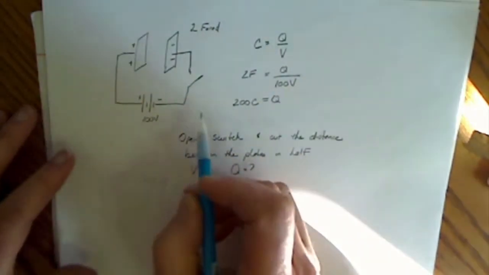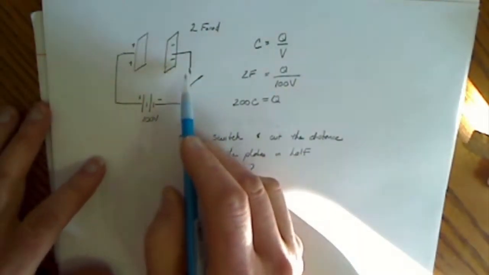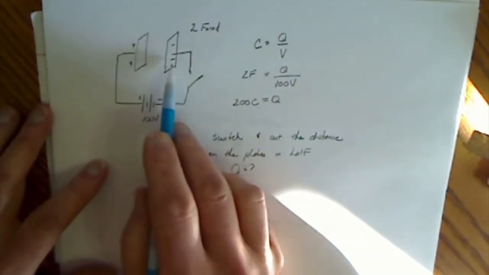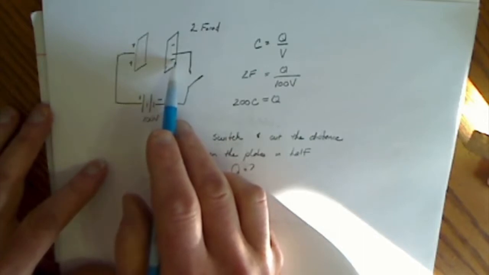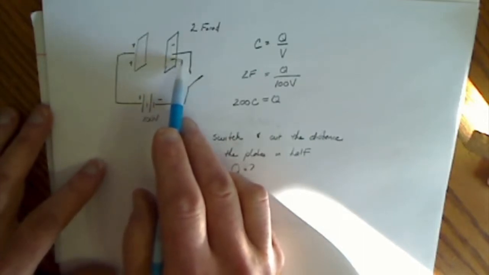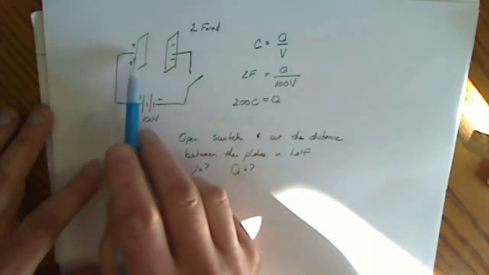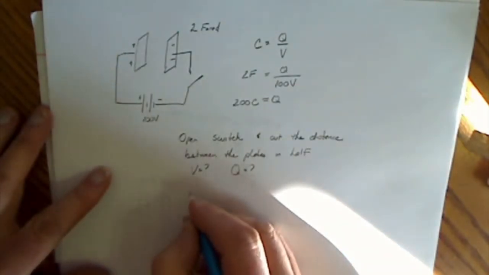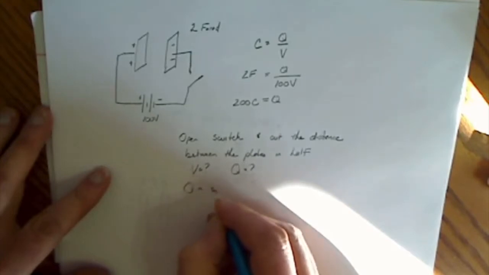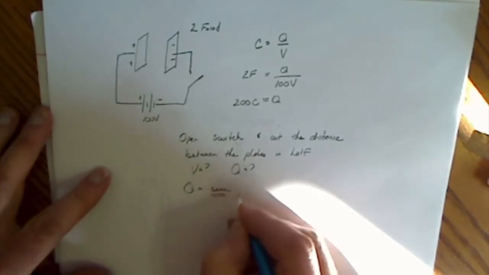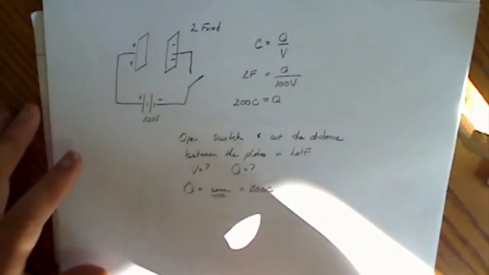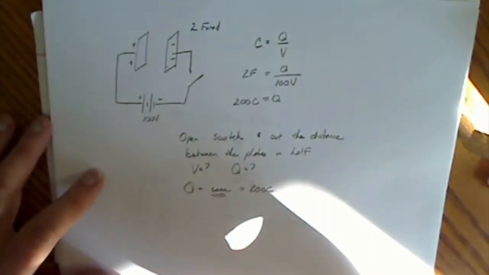Well, if we close this switch, we allow charge to flow. The moment we open that switch, there's no way for those electrons on this side of the plate to get around and go on to the other side. So by opening the switch, we know that Q must remain the same. It's got to be 200 coulombs. There's no way the charge is going to get around from one side to the other.